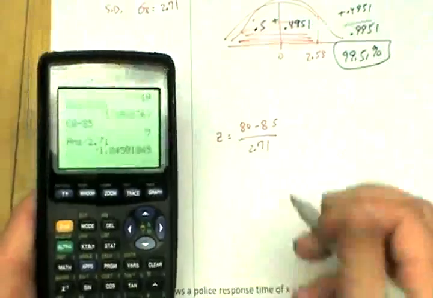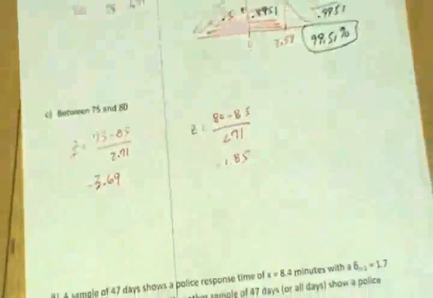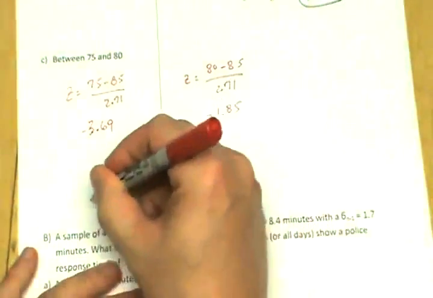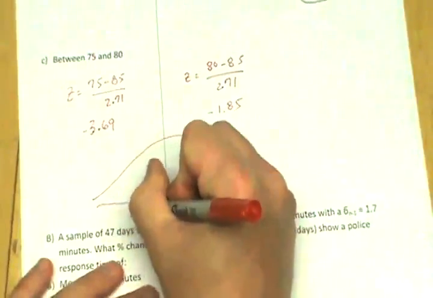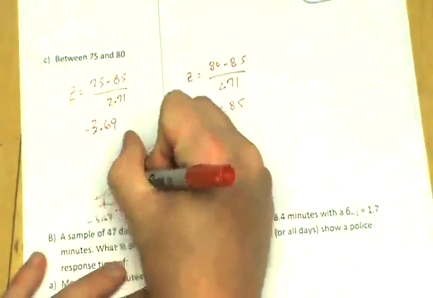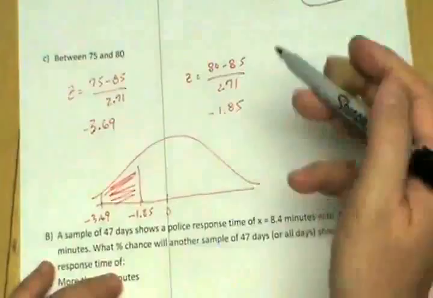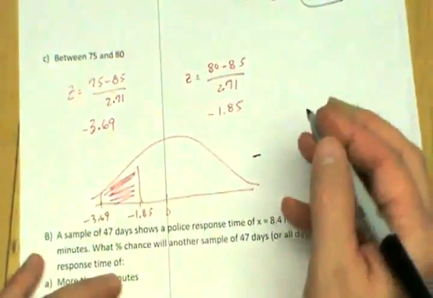So we're going to call it negative 1.85. We want between these two values. Okay, so negative 1.85 and negative 3.69. We want between those two. The area I'm looking for does not cross over 0, so I know I'm going to have to subtract. And the tail is not part of it, so 0.5 is not involved.